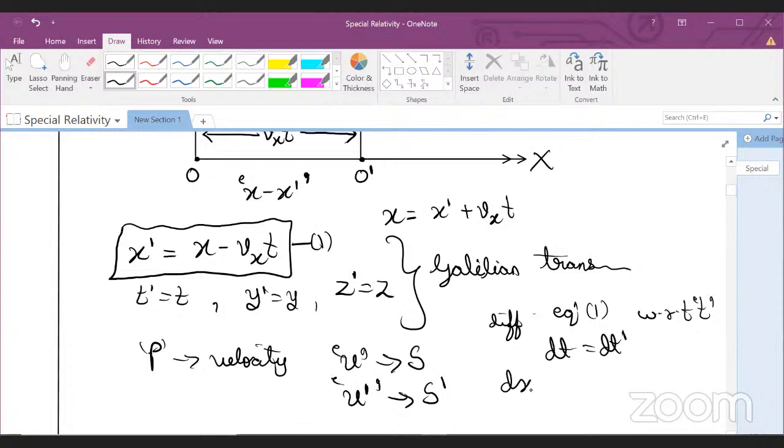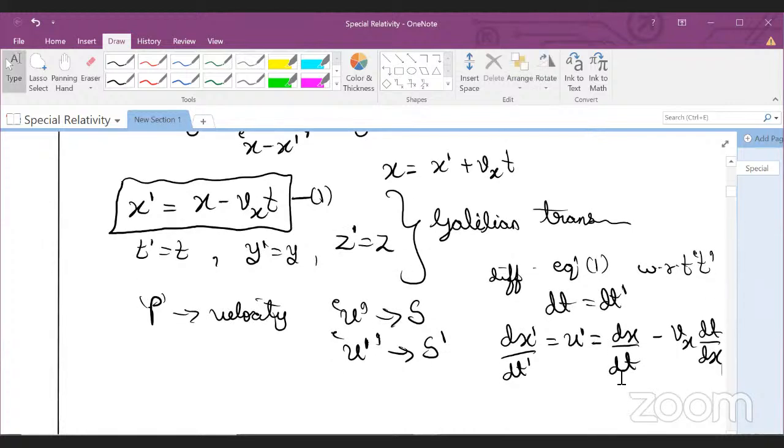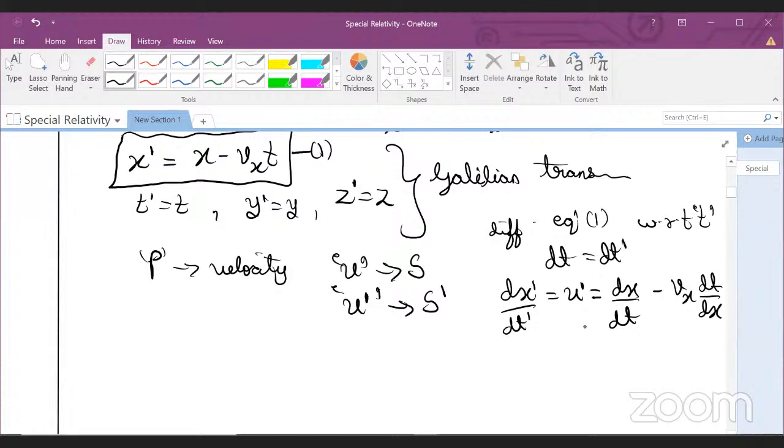So dx dash by dt dash, which is the velocity of the particle according to the S dash frame, that is u dash, equals dx by dt minus Vx dt by dt. Now Vx is a constant, right? So Vx will come out of the differential operator. So what do we get? We get u dash equals u minus Vx.